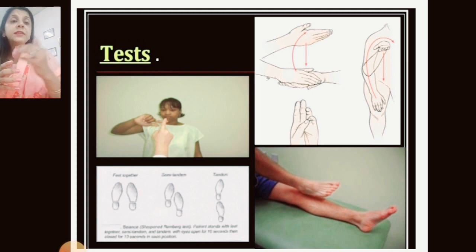The rebound phenomenon is where we give an isometric contraction, so that the therapist's resistance and the patient's resistance are matched. In isometric movement, resistance is felt but there is no change in the length of the muscle. The rebound phenomenon works on the basis of the check reflex. When we give the isometric contraction and match the patient's resistance, and then suddenly stop that resistance, the patient's hand controls that action because of the antagonist muscle.